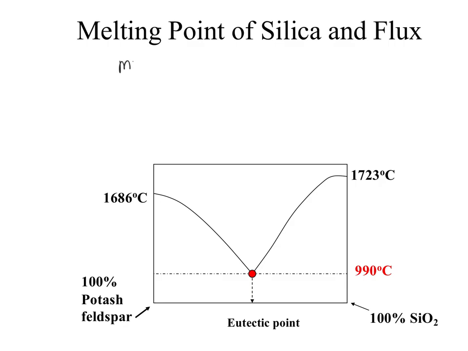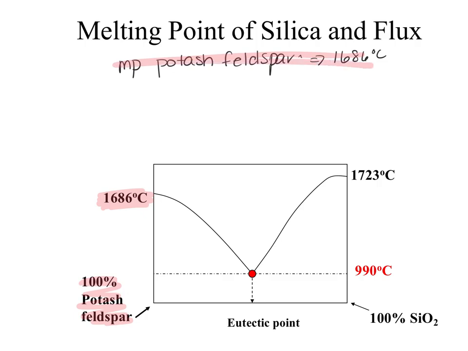Well, the melting point of just a potash feldspar is 1686 degrees Celsius. Okay. And so if you look on the graph here, this is our potash feldspar. There is the melting point. Then if you look on the other side, we've got the melting point of silica, and that is 1723.